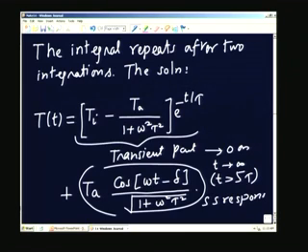What we notice from the steady state response is that it is also cosinusoidal, but it is omega t minus delta. That means there is going to be a lag with respect to the input, and in fact delta is given by tan inverse of omega tau.